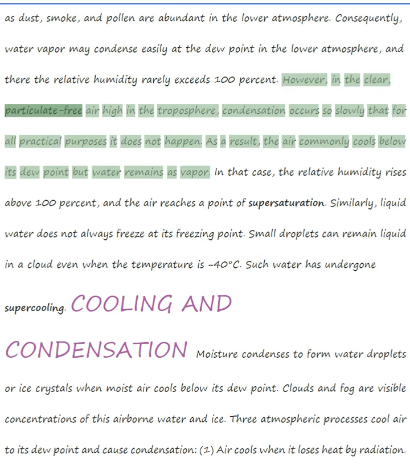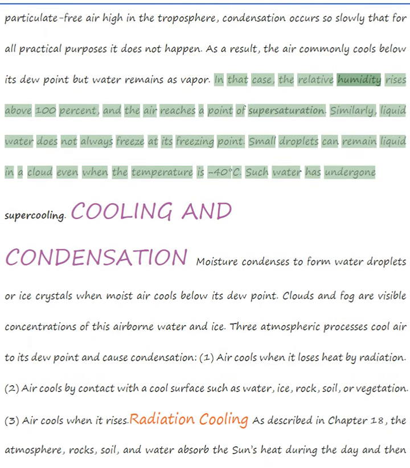However, in the clear, particulate-free air high in the troposphere, condensation occurs so slowly that for all practical purposes it does not happen. As a result, the air commonly cools below its dew point but water remains as vapor. In that case, the relative humidity rises above 100%, and the air reaches a point of supersaturation.